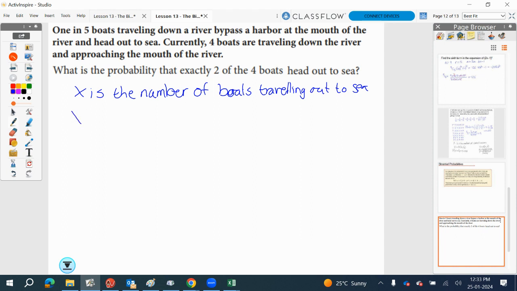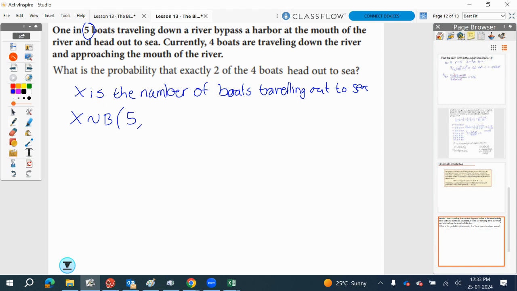X is going to be binomially distributed because they either go into the harbor or they don't. They either go out to sea or they don't. So we want the probability that they're going to go out to sea. How many trials are we having? We've got 4 boats. Each trial is 1 boat.